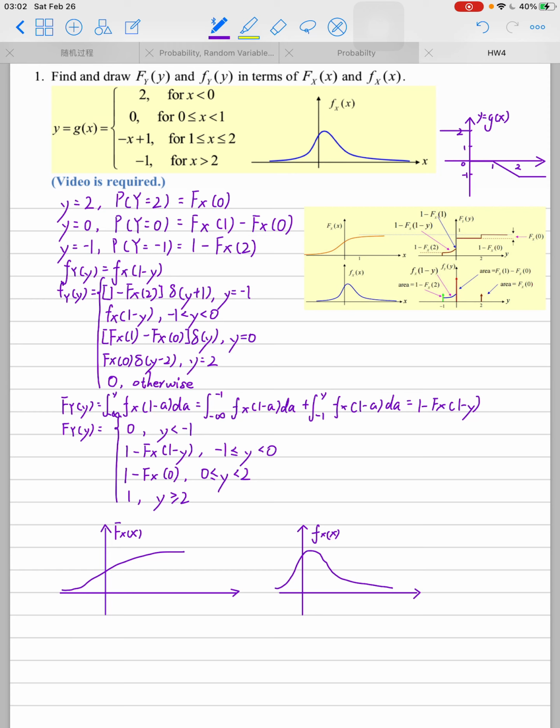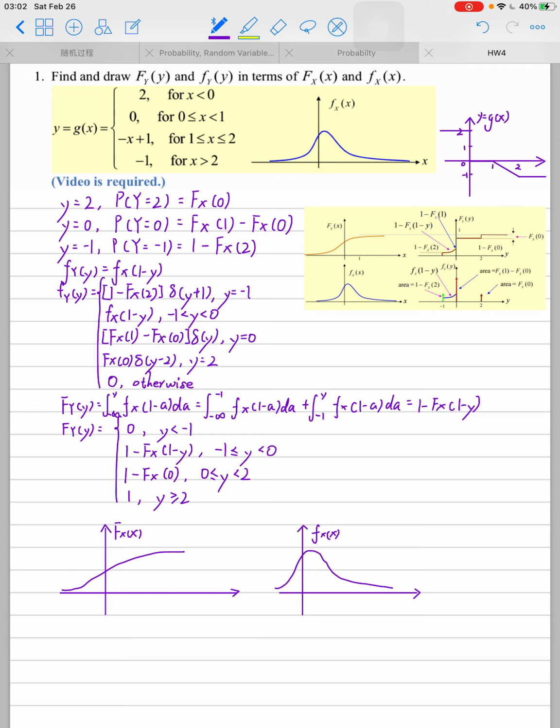And f_Y(y) equals f_X(1 minus y) when y is larger than negative 1 and smaller than 0. f_Y(y) equals (F_X(1) minus F_X(0)) times delta(y) when y equals 0. f_Y(y) equals F_X(0) times delta(y minus 2) when y equals 2. Otherwise, f_Y(y) equals 0.